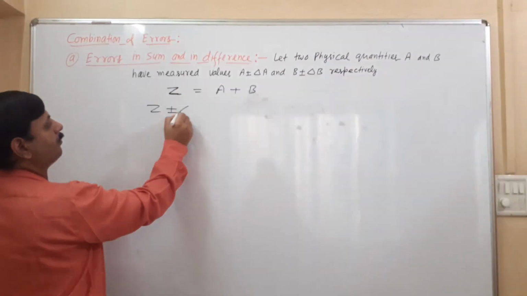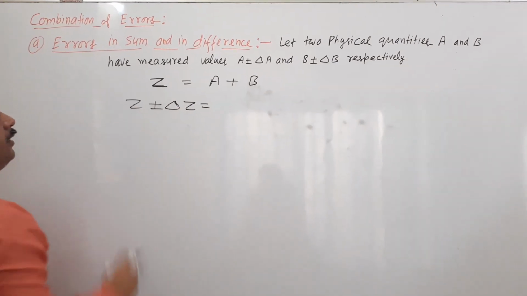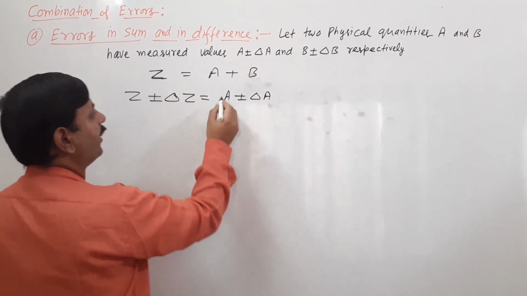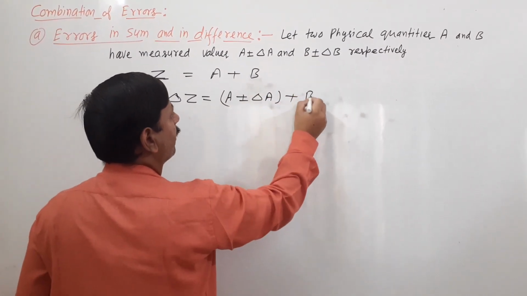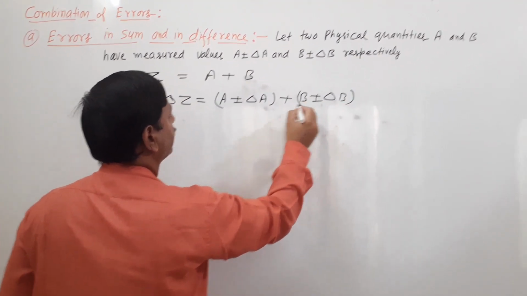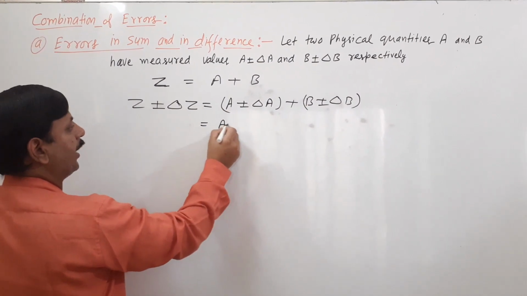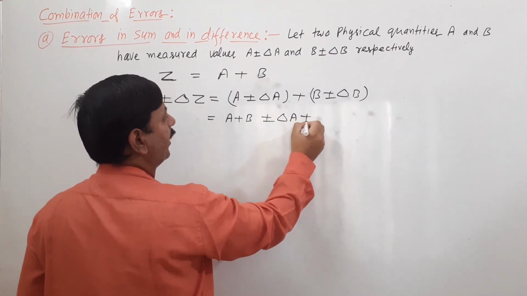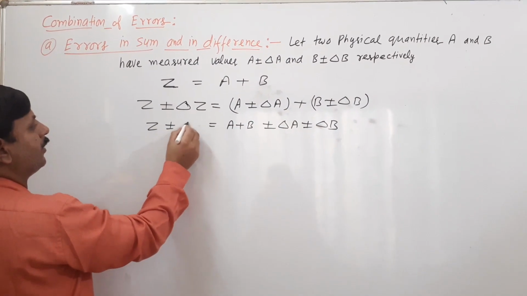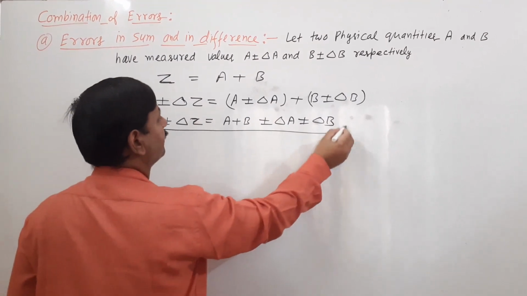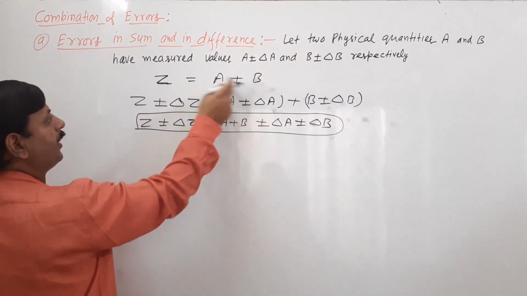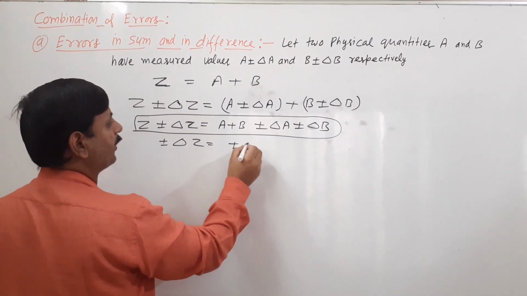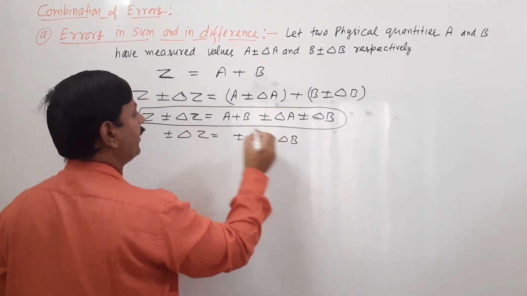Then for the total measurement, Z plus minus del Z, in place of A we write A plus minus del A, plus B plus minus del B. If you solve A plus B, this will come out as plus minus del A plus minus del B. If A plus B is equal to Z, then plus minus del Z is equal to plus minus del A plus minus del B.